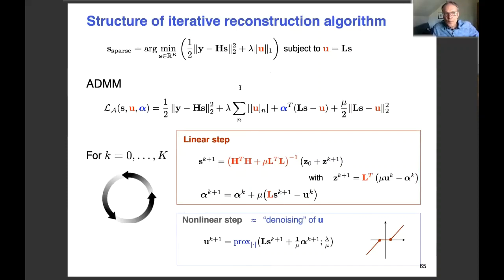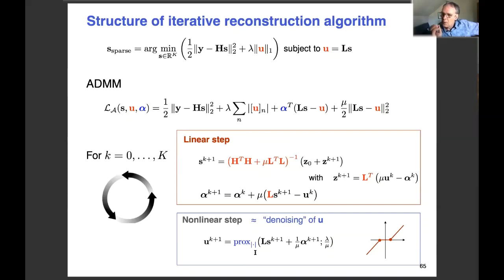Now, if you go back to the structure of an iterative reconstruction algorithm of the type we discussed in the second generation, if you look at the ADMM algorithm, really what you have here is an alternation between a linear step and a denoising step. The denoising, for the algorithm I described, is really pointwise.